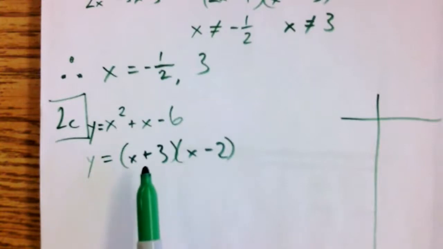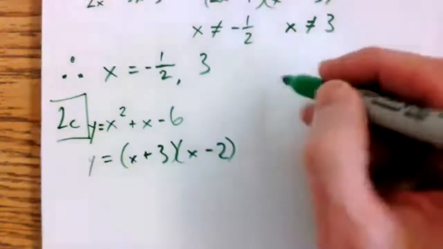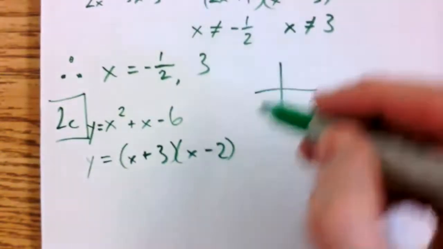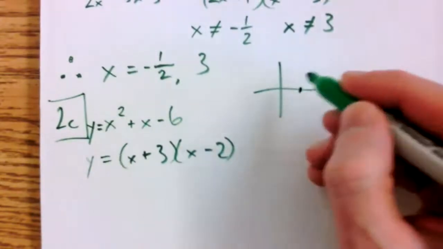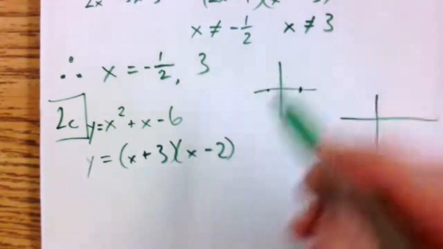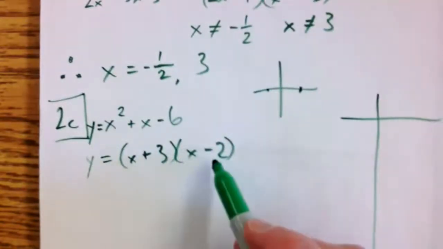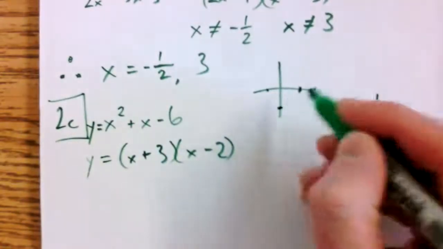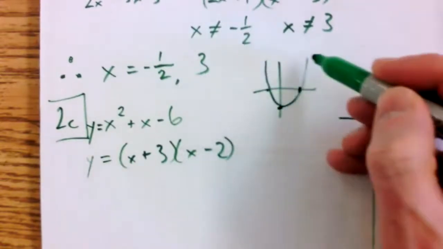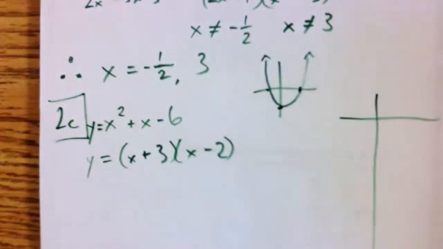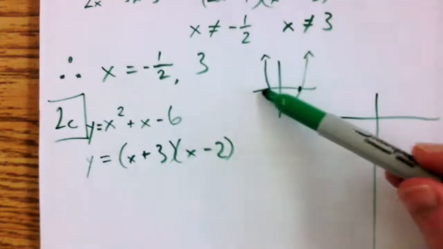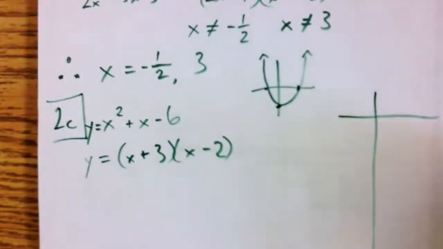This is where there'll be an intercept when you actually graph it, +3 and -2. When x is 0, that's how you can figure out the y-intercept. It's just 3 times -2, so it's -6. So this gives you a rough idea of where things will go. And really, if you have those 3 points, that's all you need.